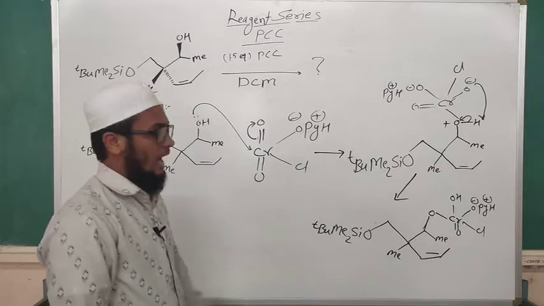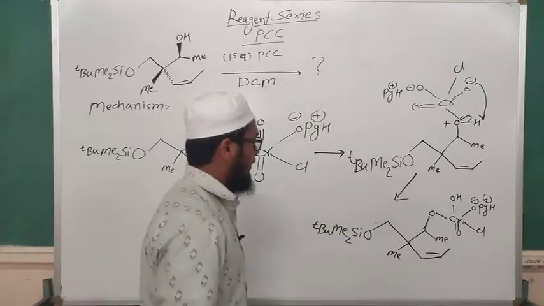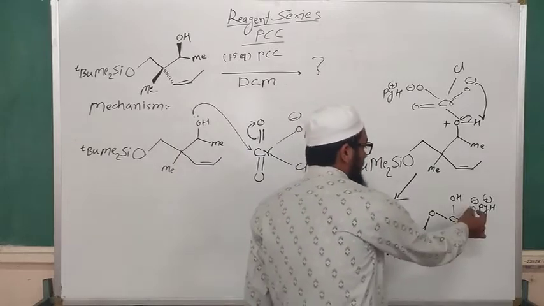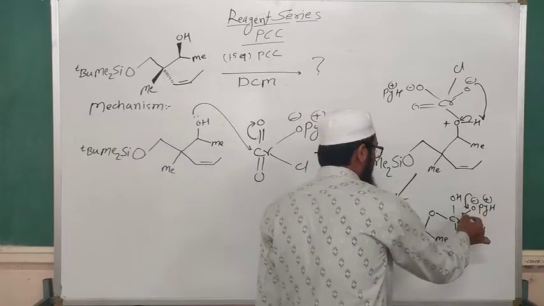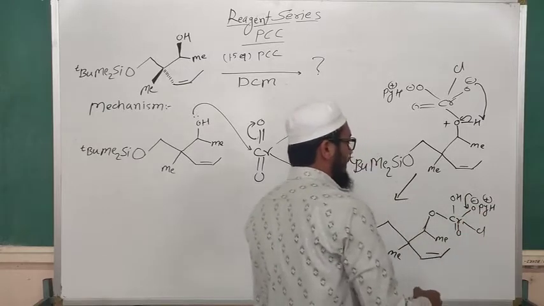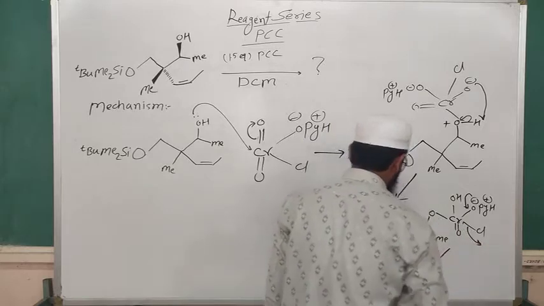Now as you can see, we are going to make the chromate ester. This oxygen has an electron here. This electron will turn towards the carbon-oxygen double bond, and this chlorine, the best leaving group, will leave from this structure.